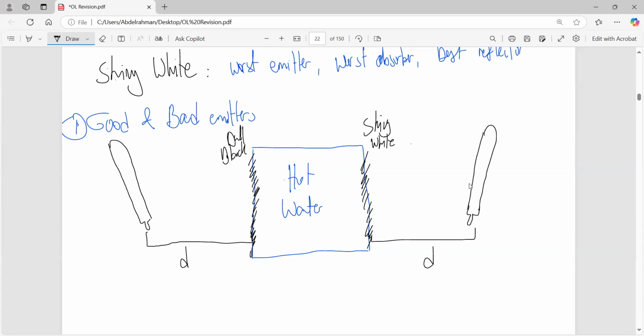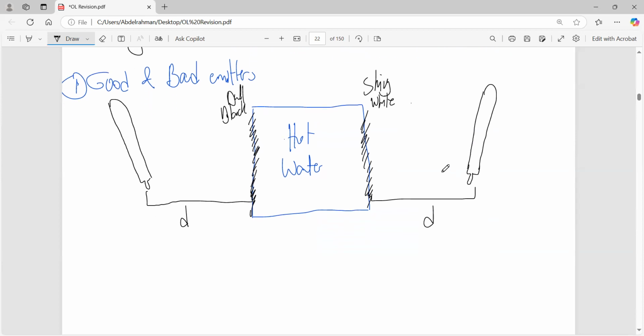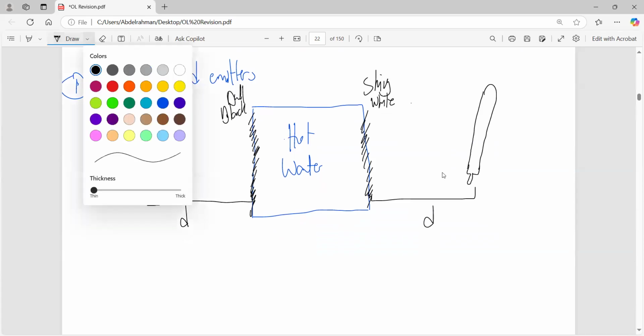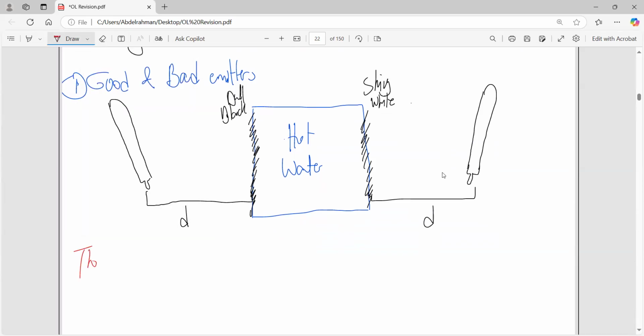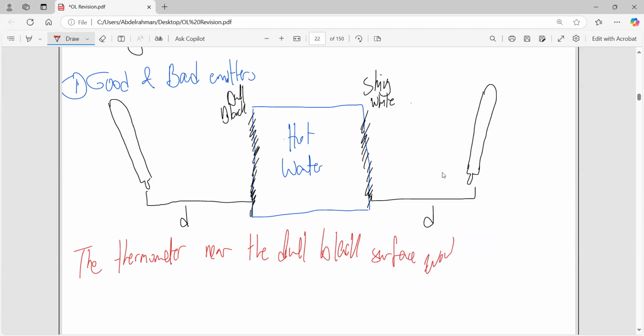Which thermometer would have a higher temperature with time? You'd say, well, the thermometer on the left, the thermometer near the dull black surface. That's the answer. You would say the thermometer near the dull black surface would have a higher temperature.